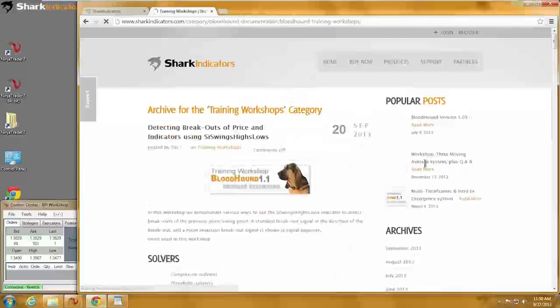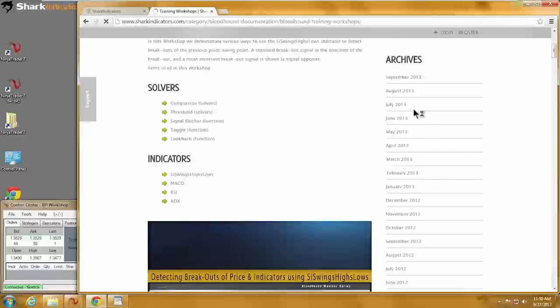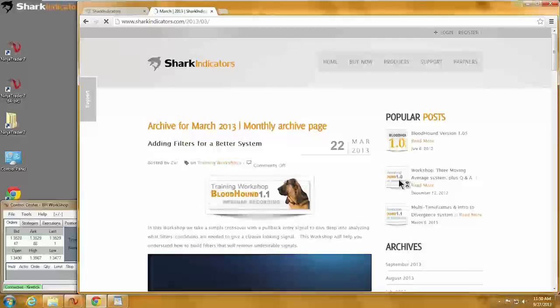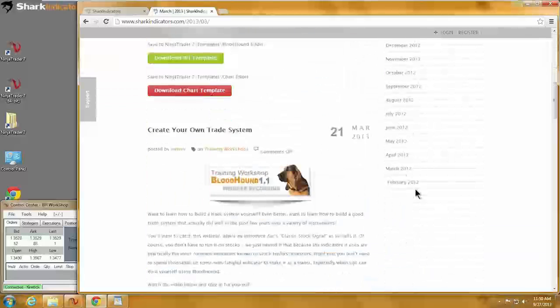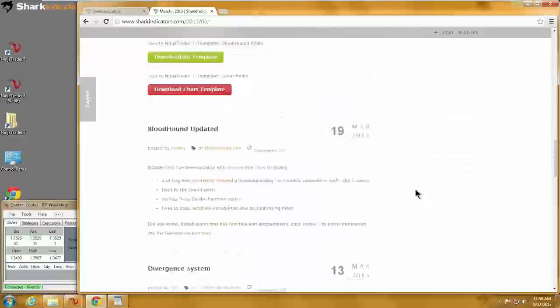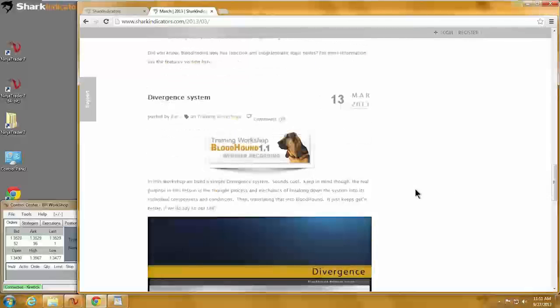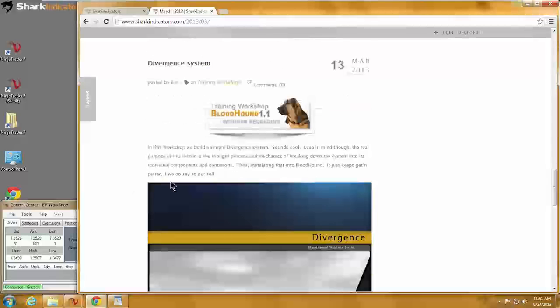Let's see. So now, I believe I did that divergence in March. I'm just going to scan through here real quick. Yep, there we go. March 13th is the divergence system.